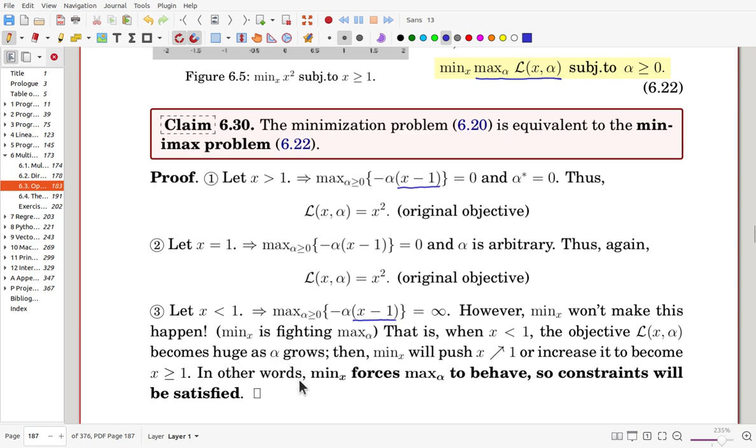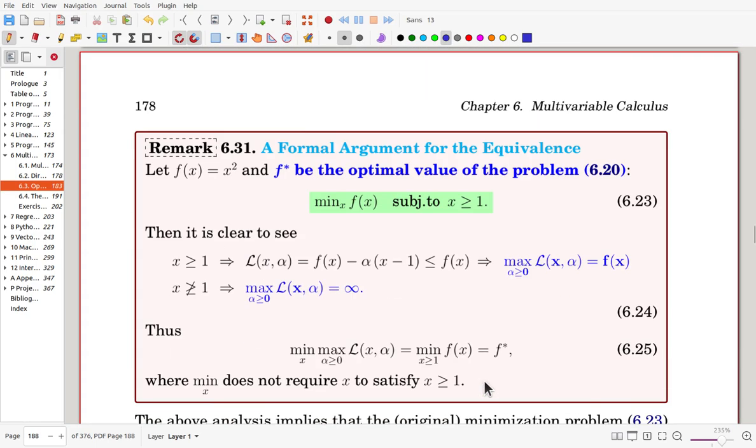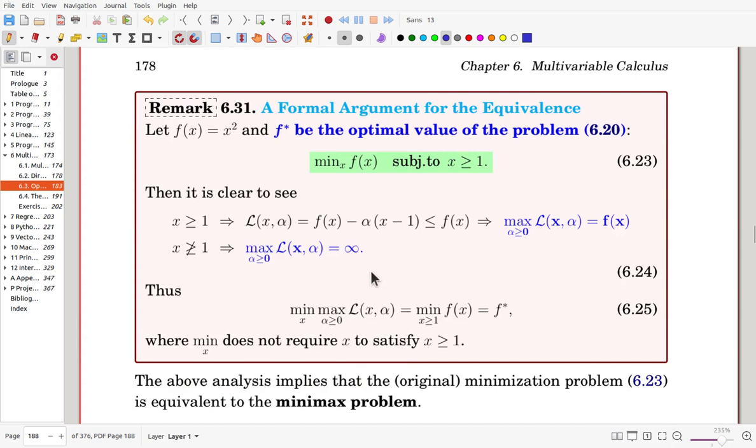In other words, the minimization forces the maximization to behave, so the constraint will be satisfied. So this whole thing is equivalent to the original minimization problem. The proof is a little bit foggy, so now we'll go to a formal argument for the equivalence.